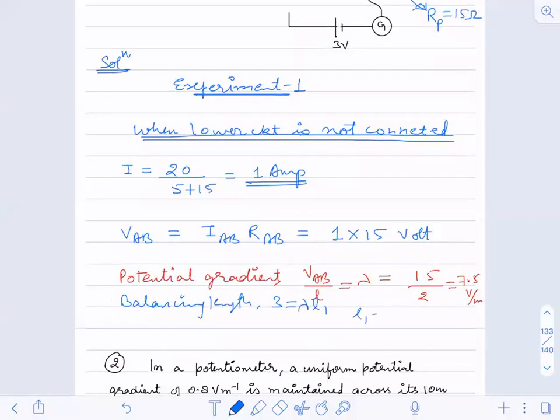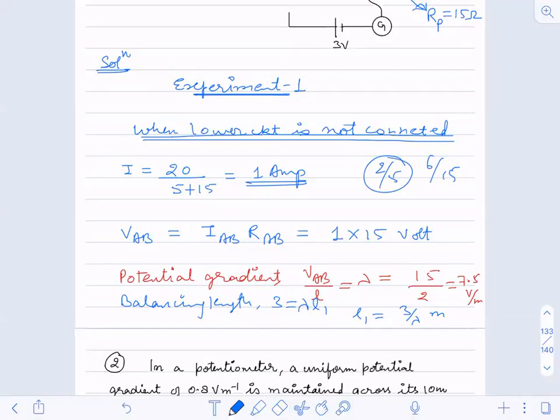So L1 will be 3 divided by lambda, which gives the answer in meters. The lambda value is 7.5, so it will be 3 divided by 7.5, which is 6 by 15, that is 2 by 5. This will be in meters.